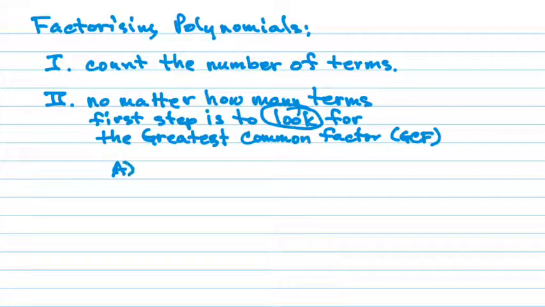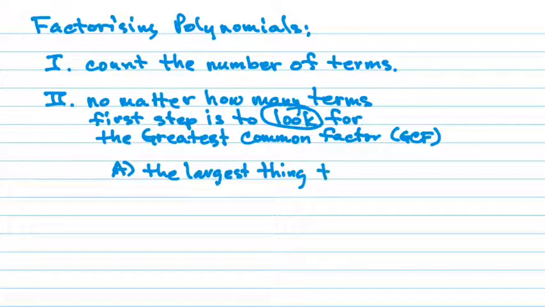The greatest common factor is anything. Oh, wait a minute. Don't write anything. I'm so very sorry. I don't want anything. I want the largest thing. And again, I'm saying thing on purpose because it can be any combination of stuff.